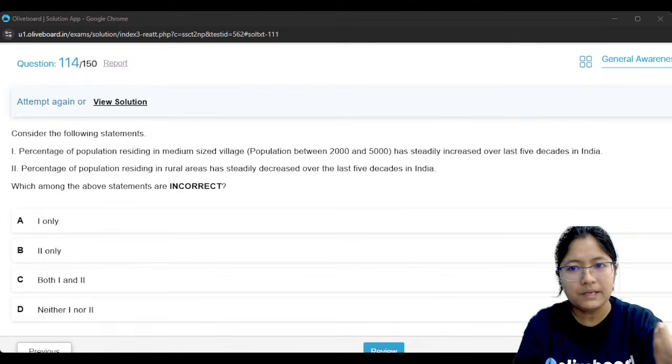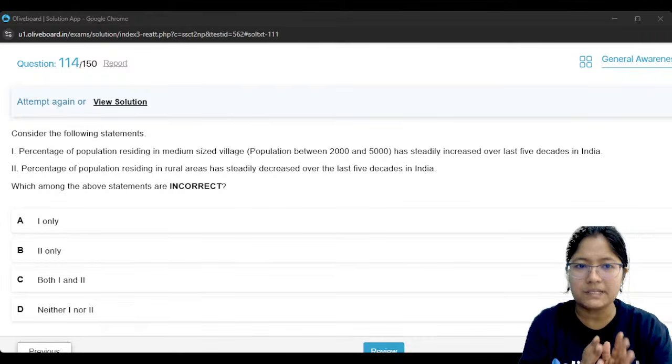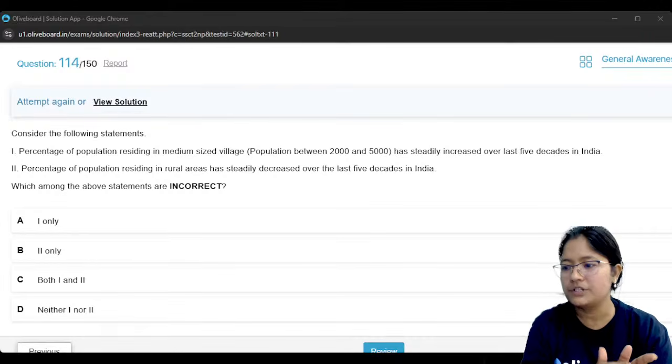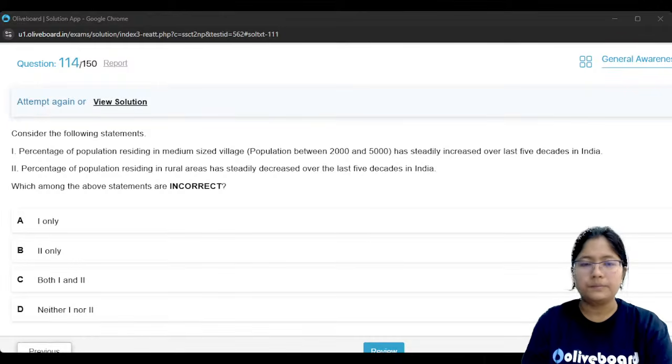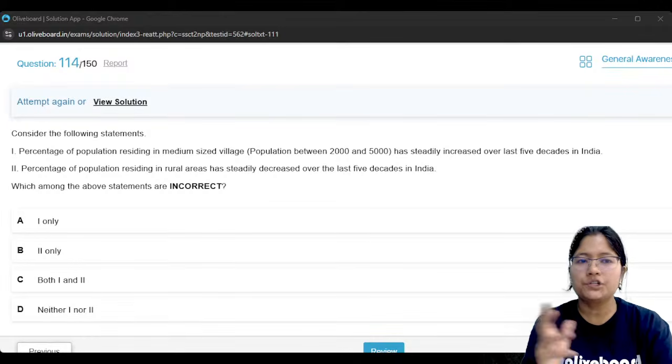Now, in the same thing, rural village population, we know that people at present times are migrating from rural region to urban region. Yes or no? Okay, no problem. People are moving from the rural region to the urban region.